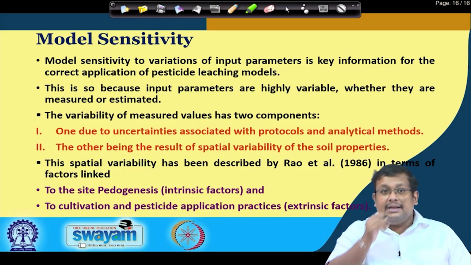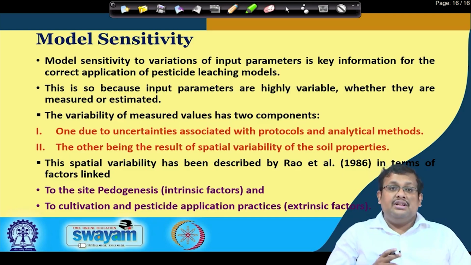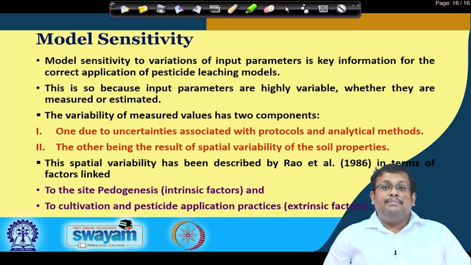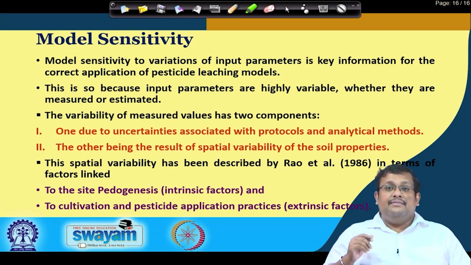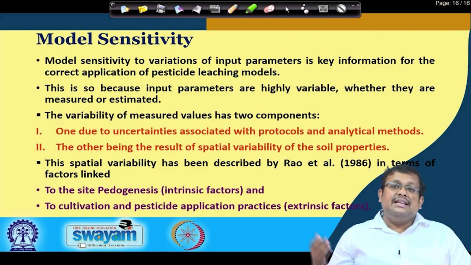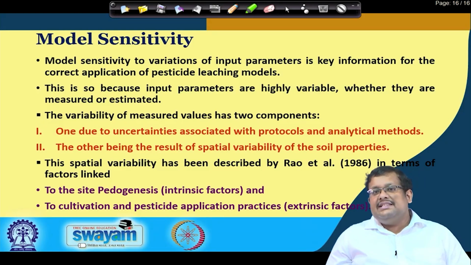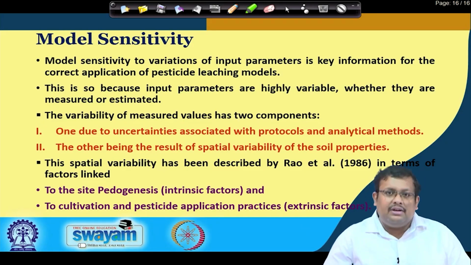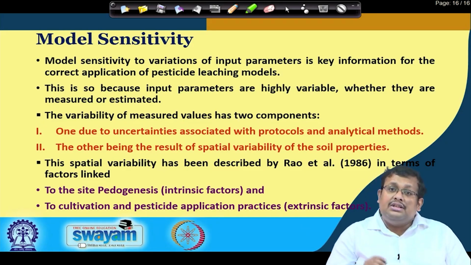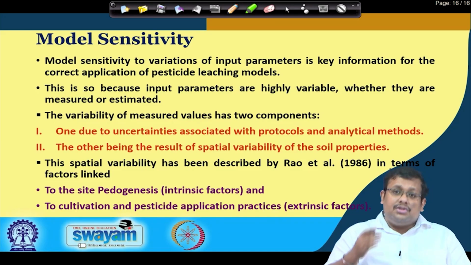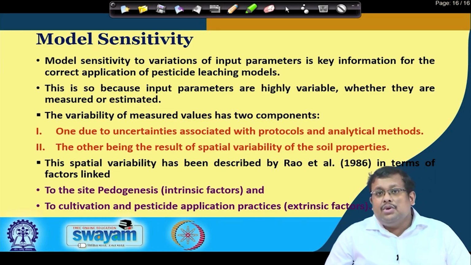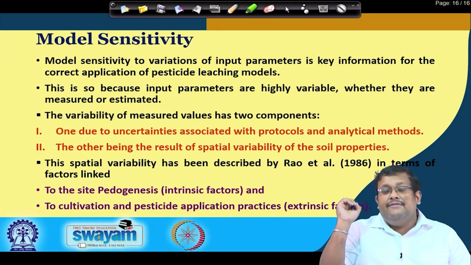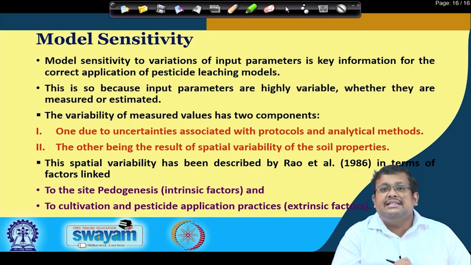Remember that model sensitivity to variation of input parameters is the key information for the correct application of the pesticide leaching model, because input parameters are highly variable, whether they are measured or estimated. If we consider a pesticide leaching model for a particular type of soil, the soil characteristics are also widely variable.